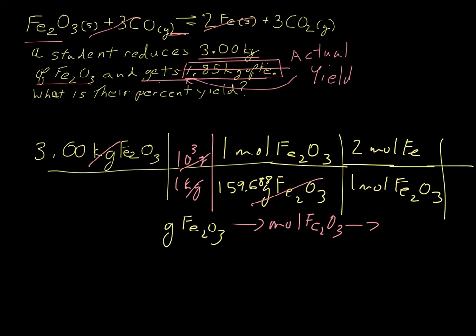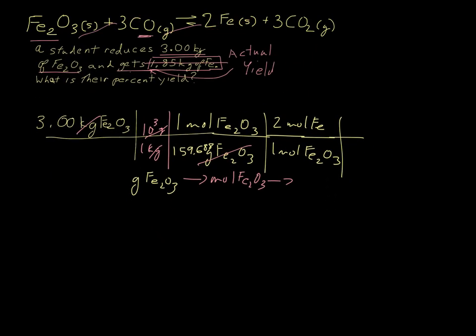I'm not interested in moles of iron, however. I'm interested in kilograms of iron. I know that 1 mole of iron has a mass of 55.845 grams of iron. So I multiply everything on, whoops, one last step here. I got ahead of myself.